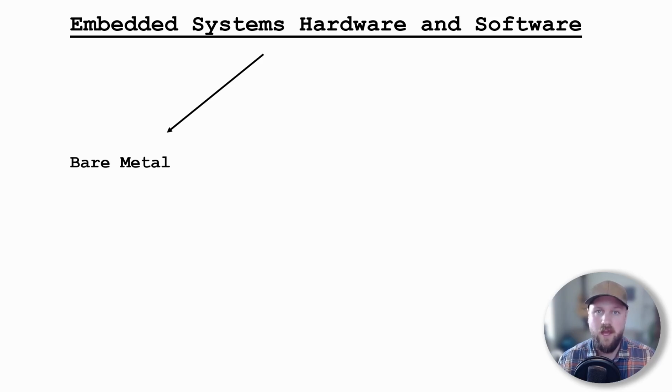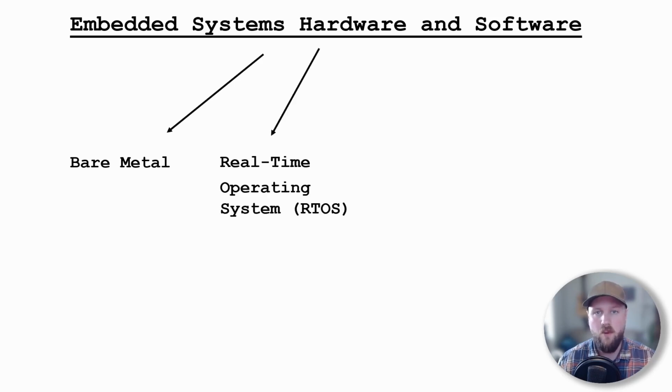So if you don't want to handle all of those background processes and everything that an operating system takes care of, but you don't want to move up to a full-fledged operating system like the ones you'll be used to with Linux or Windows, the intermediary option is a real-time operating system, or what you'll commonly hear referred to as an RTOS.